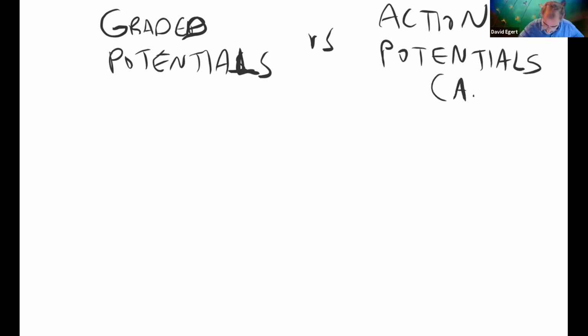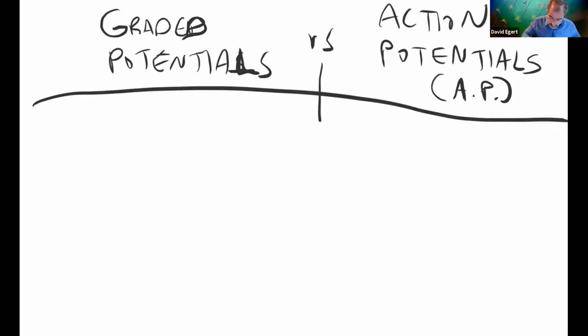We call these APs. So potential meaning just voltage. Remember, membrane potential is just a synonym for membrane voltage. Whenever you see graded potentials, action potentials, it's meaning voltages, membrane voltages.